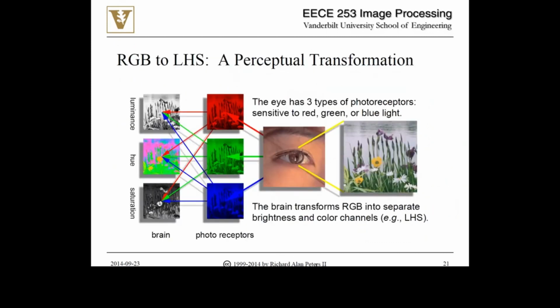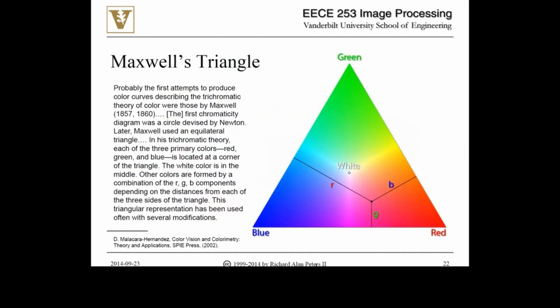Okay, so we will see one, this luminance hue saturation, that seems to have some kind of physiological meaning. It seems that the brain tends to see in this LHS system rather than the RGB. It is funny because the first attempt to organize colors was done by Maxwell, the same one of Maxwell's equations.